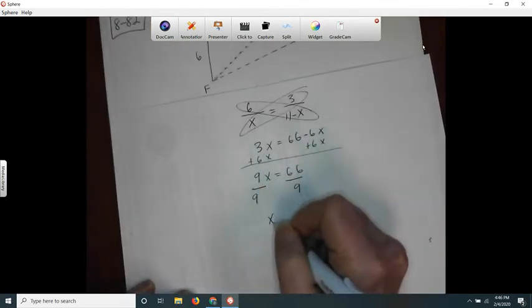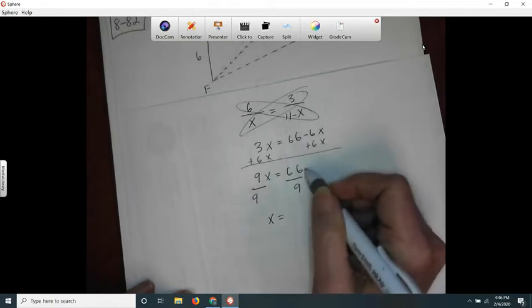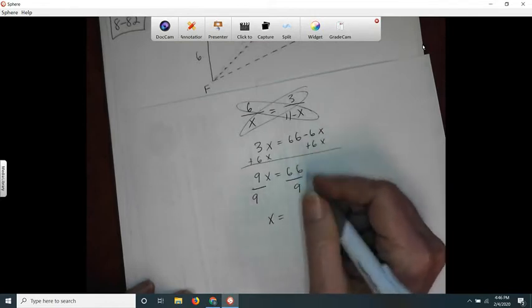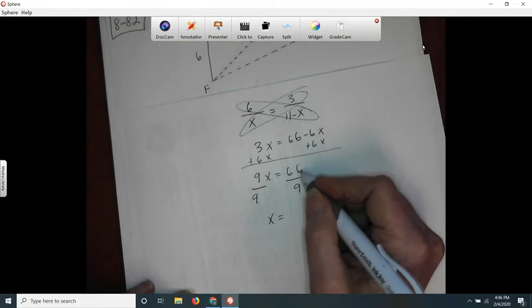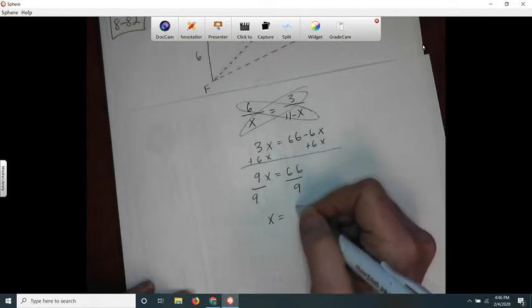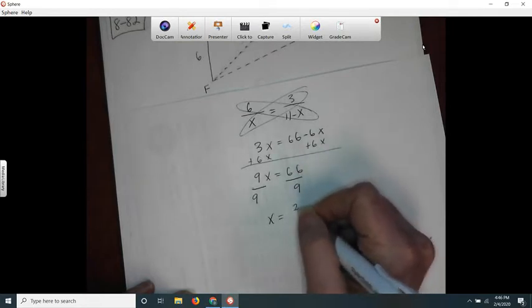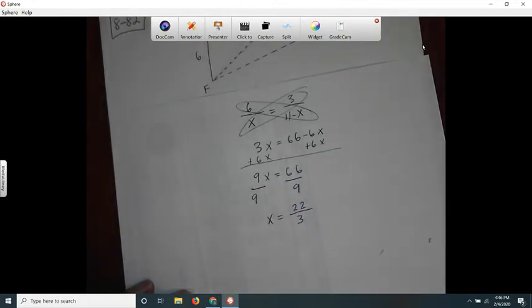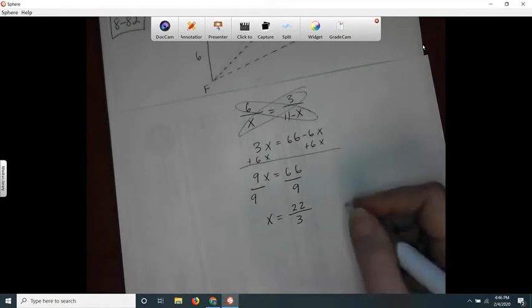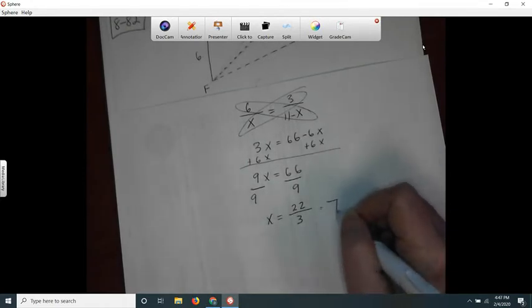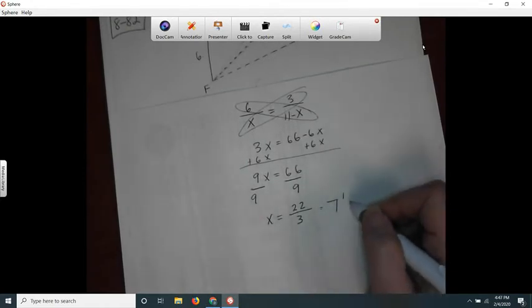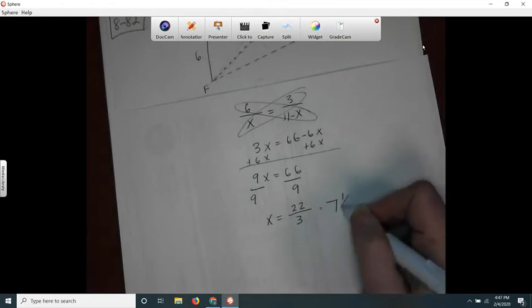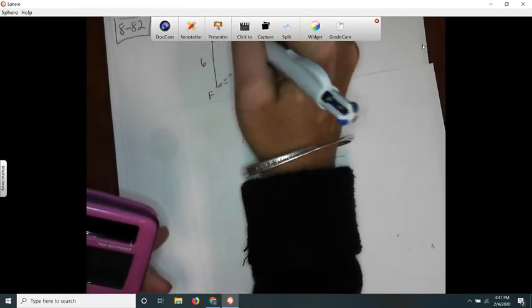So x equals, I'm going to reduce it by 3's. 3 goes into 66 22 times, and 3 goes into 9 3 times. So x is 22 thirds, x is 7 and 1/3. So over here I got 7 and 1/3.